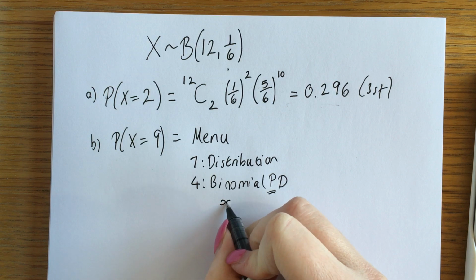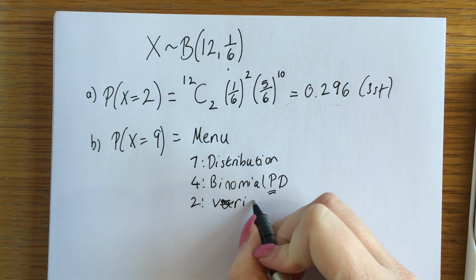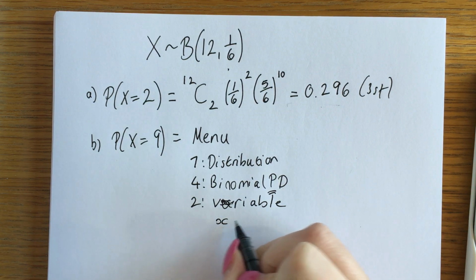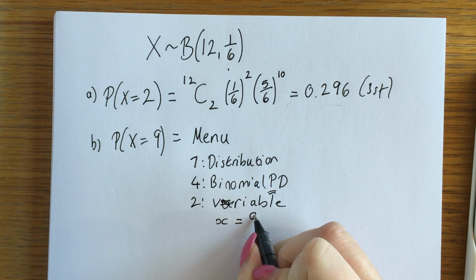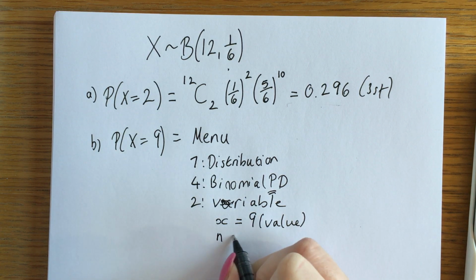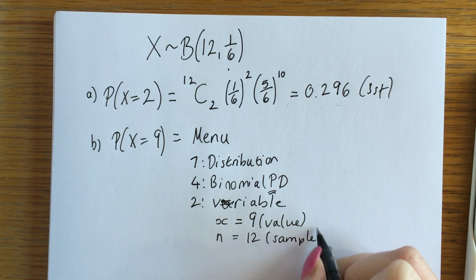And then on my screen, I'm going to get list or variable, and I want variable. I'm going to have to type in x, which in this case is 9 because it's the value that I'm looking for. N, which is 12 because it's the sample size.